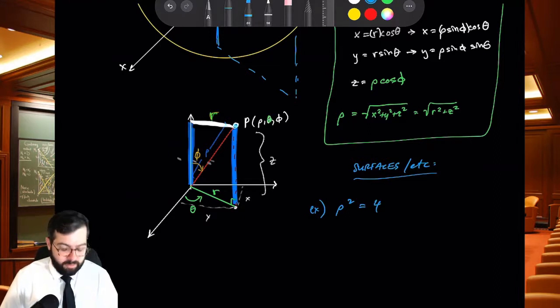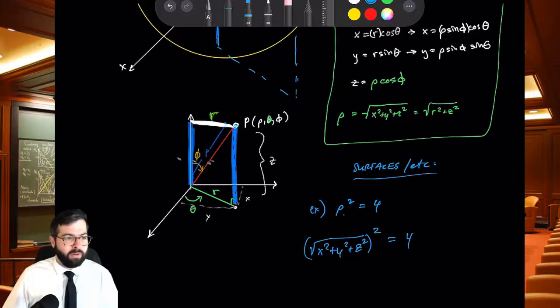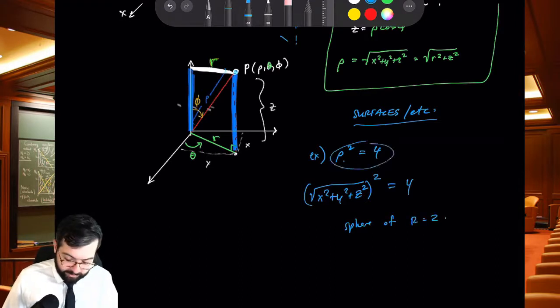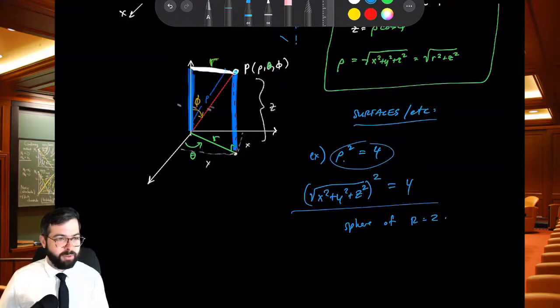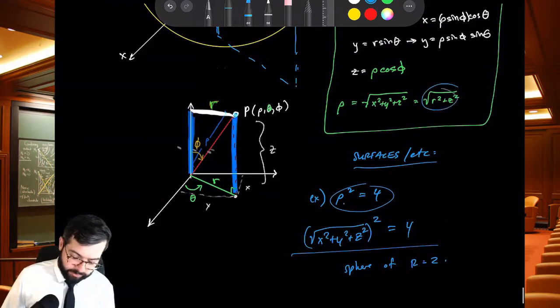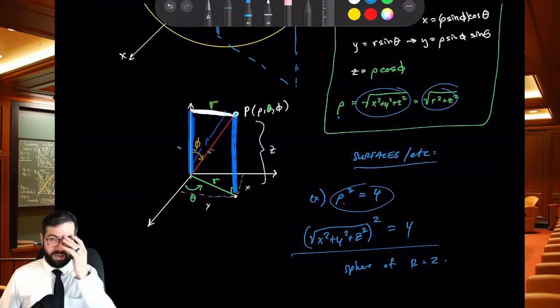Well, if we think about it like this, it's x squared plus y squared plus z squared equals 4, which is really a sphere of radius 2. Right? So we can write it like this instead of like this. That's much better. It's much better to deal with. So things that are conical, things that are spherical, rho reduces all of that. So that's pretty nice. Now we have access to all the trig identities from sine and cosine. Those are like the building blocks of things that spin. It's awesome.